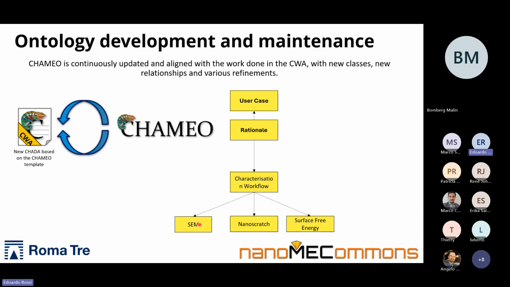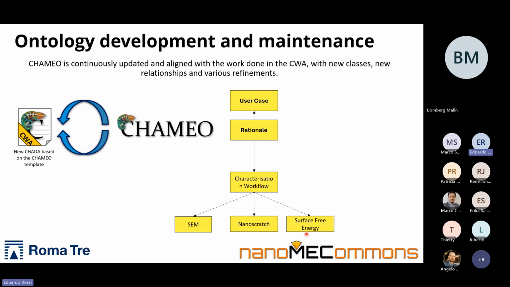So scanning electron microscopy if you want to see what the surface is like, nanoscratch if you want to understand what is the adhesion and what is the failure, the cohesive failure of the coating itself, and then the surface-free energy if you need also to characterize.